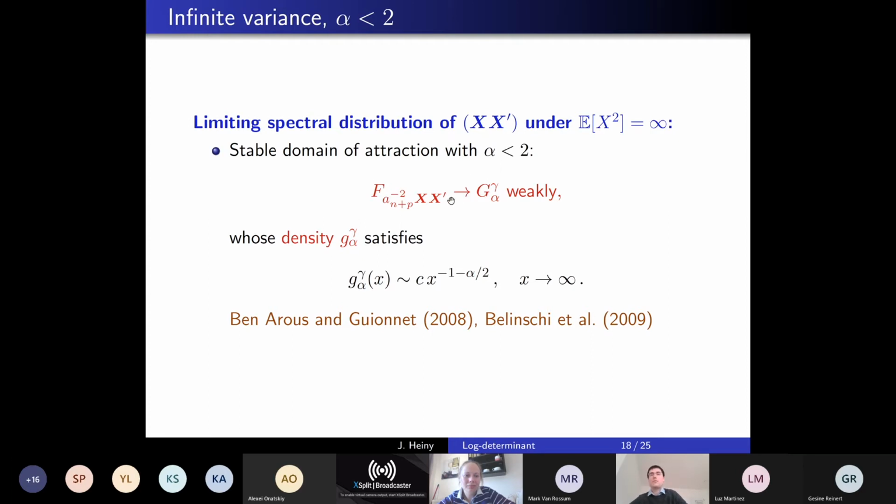And then you can show, for example, the following result. If you normalize these matrices correctly, namely by a certain quantile of the entry distribution, then you converge to some distribution G alpha gamma, which has a density, and the density has this behavior at infinity. So the support is infinite.